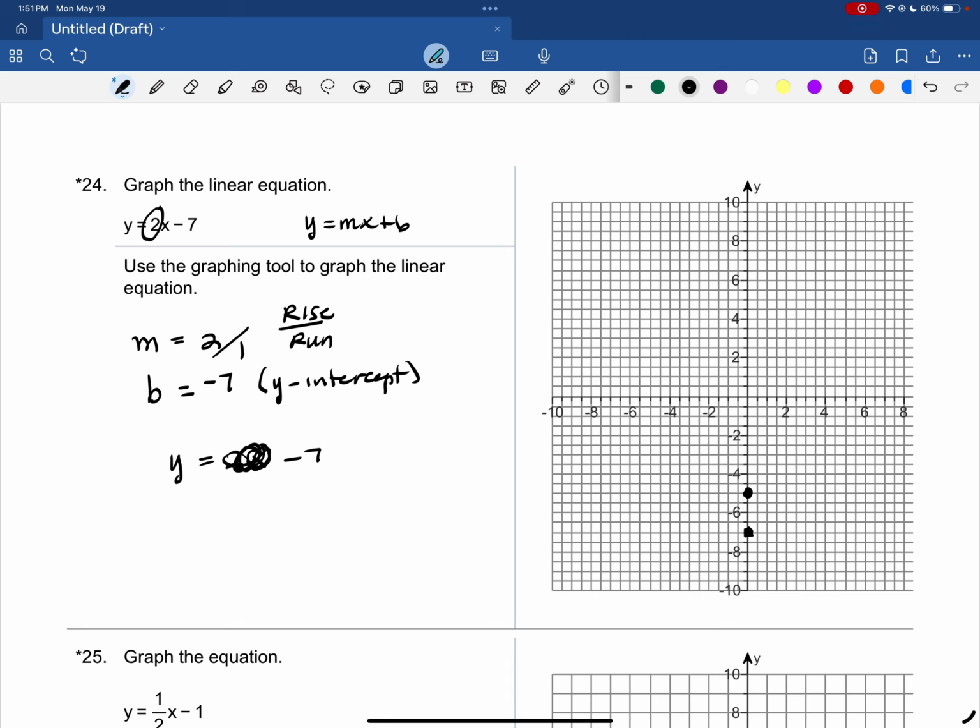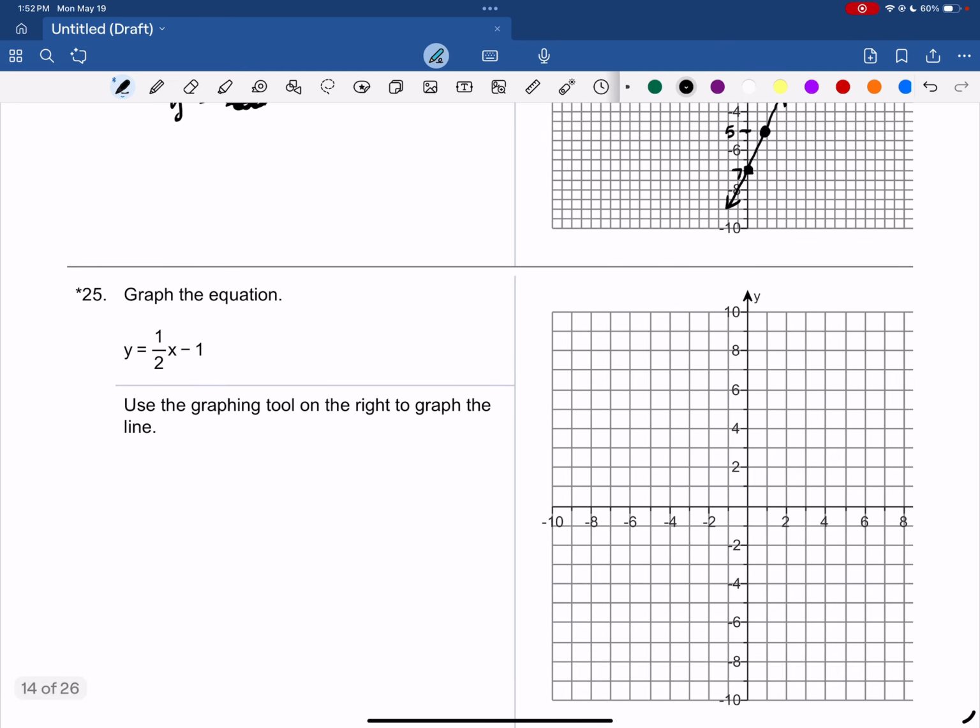I'm sorry, let me do that again. I have to go up 2, so from 7 to 5, and then I have to go to the right 1. Now be careful, the scale here is 2 little spaces, but that's just 1 space to the right, because there's your 1 right there.